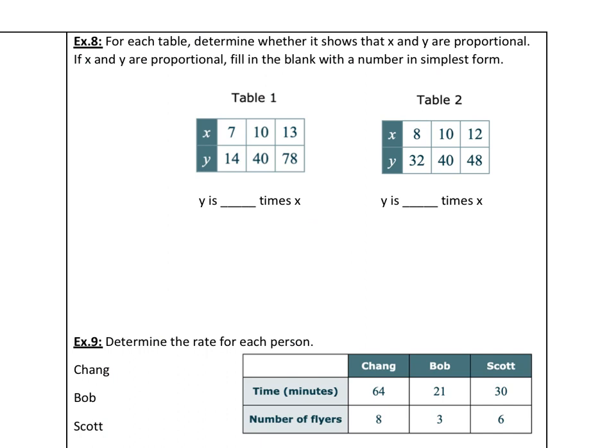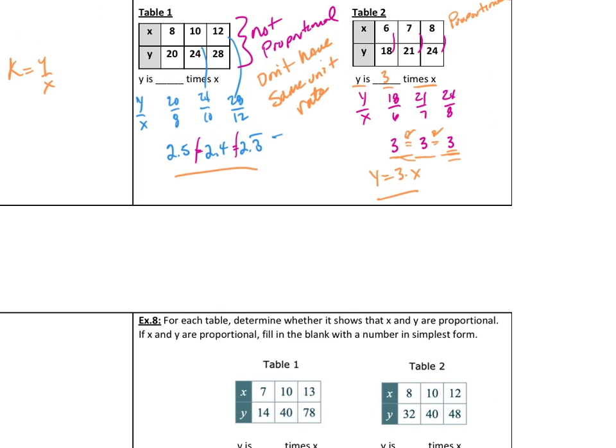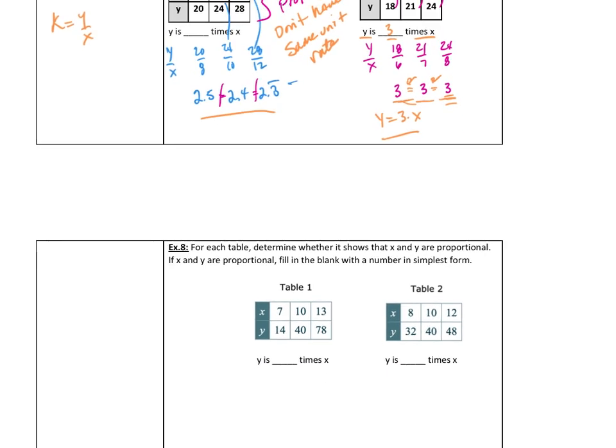So now you do it with these two. Determine if they're proportional. Just do the same thing I did with this one. You're going to take each one and come up with their unit rates, putting y over x, right? For each one, you're going to write it out down below, and you're going to simplify below that. If they come out with the same unit rate, they are proportional.